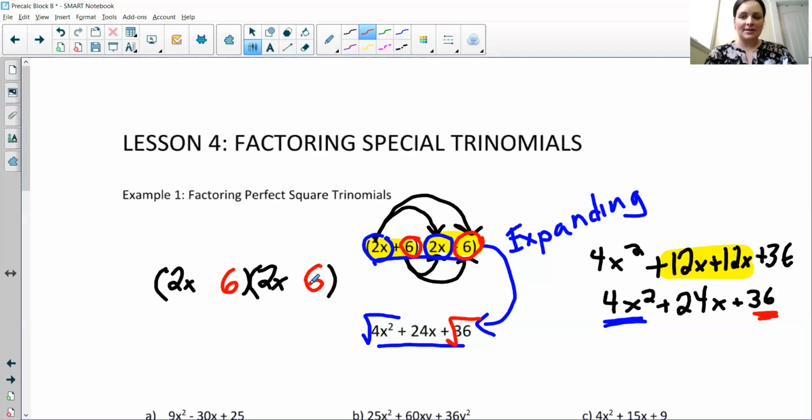Now, if it was negative 6 times negative 6, it would still be positive 36. And if it was positive 6 times positive 6, it would be positive 36. So how we know what symbol goes into both those binomials is we look at this symbol here. So because this is a positive 12x and a positive 12x combined to a positive 24x, it means that they were both positive 6s.